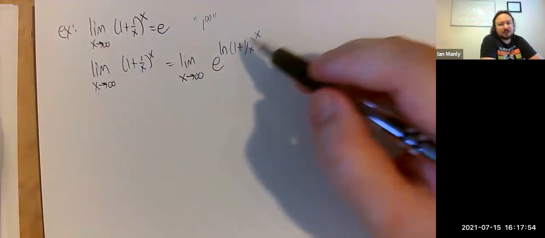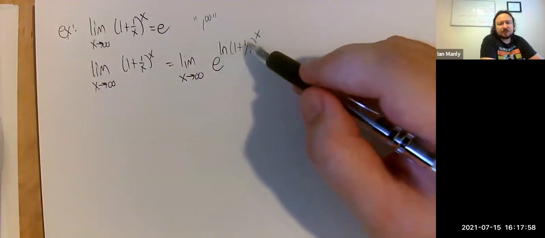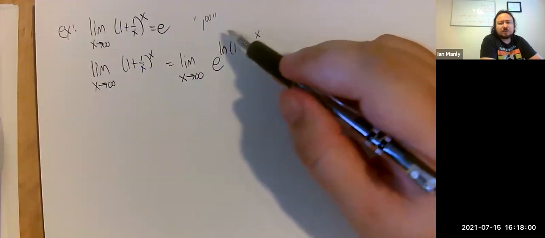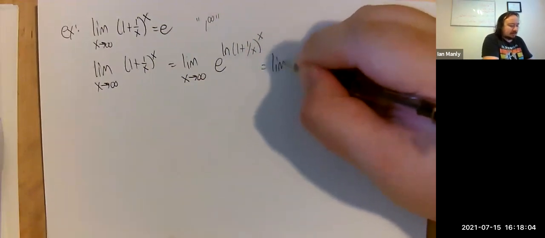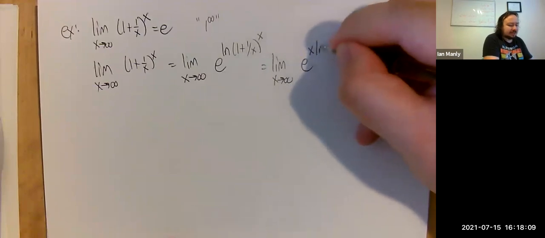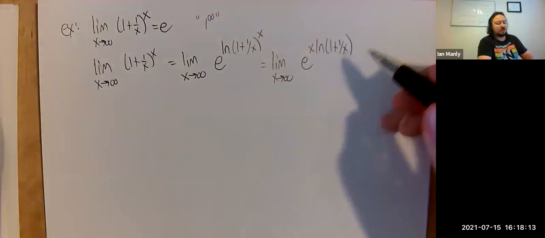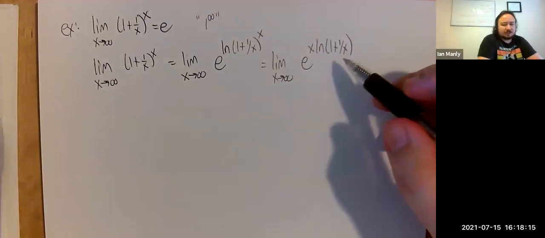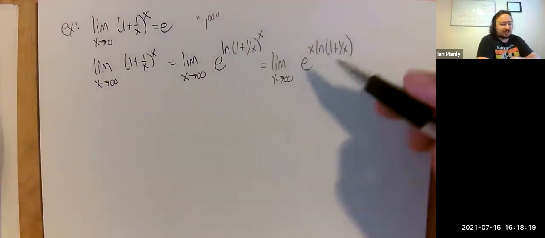Now, why on earth do we do this? Well, the nice thing about natural log is that exponents in the argument of natural log can move out to be coefficients. So we have the limit as x goes to infinity of e to the x ln of (1 plus 1 over x). All right, so that's all well and good, but how am I going to deal with this e here?